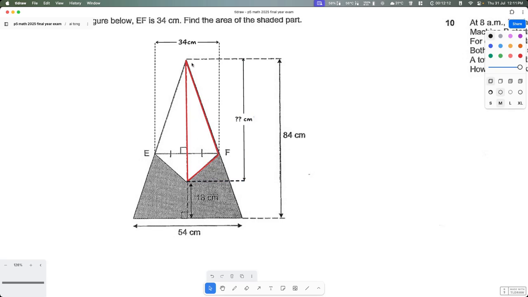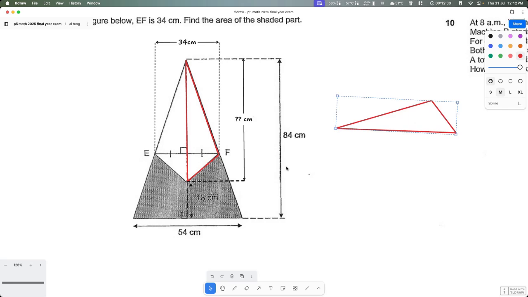If we can get this, we can get the base, and then we can also get the height, which is 34 centimeters divided by 2. So if I group this up, this is the same as this over here. In essence, we can get the area of this.